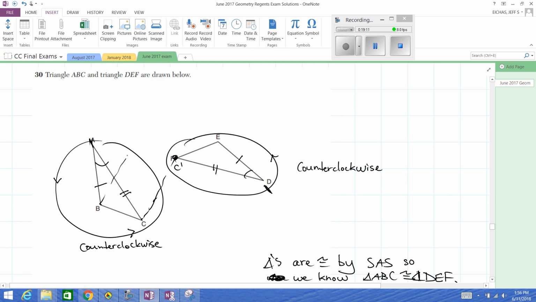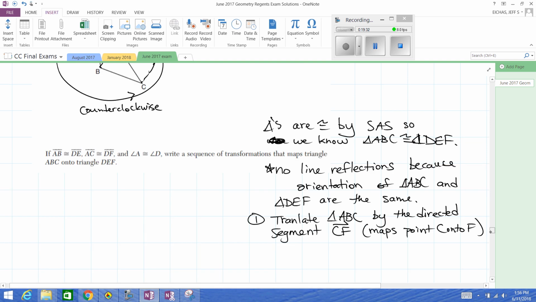Let's move the same direction, same amount. Let's assume that's B prime. There's A prime. It's really good to just sketch that. I know it's not perfect, but if you sketch that, it's going to give you a lot of credibility.